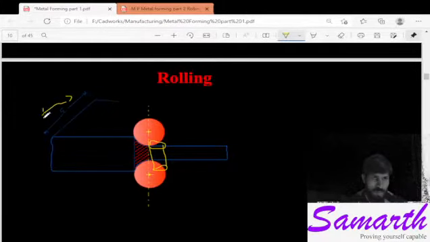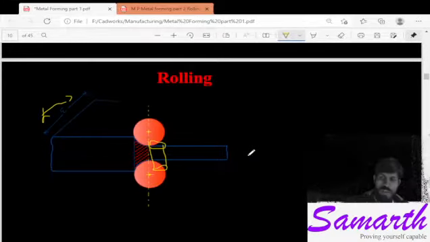So that we can get a plate or sheet or strip with the same width, just the length will be increased and the volume will again be the same.